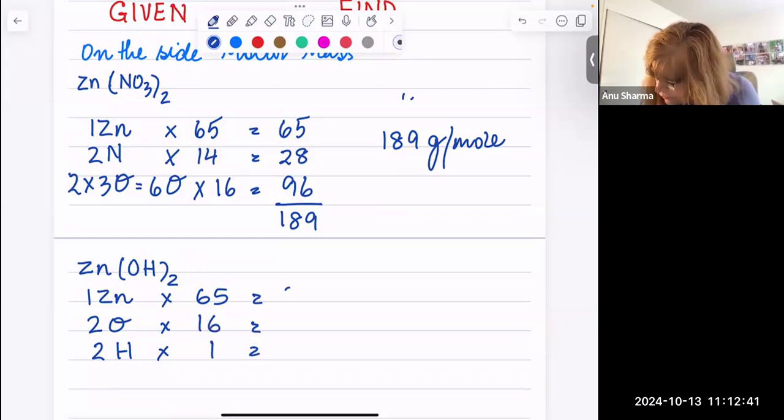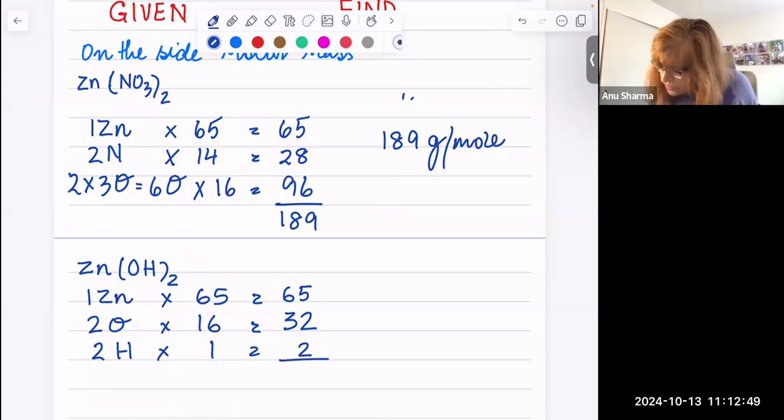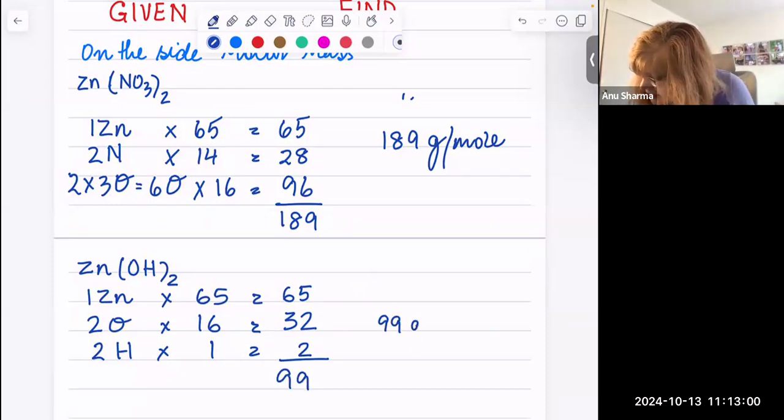So you get 65 plus 16 times 2, which is 32, and this is 2. So 65 plus 32 plus 2 equals 99. Okay, so this is 99 grams per mole.